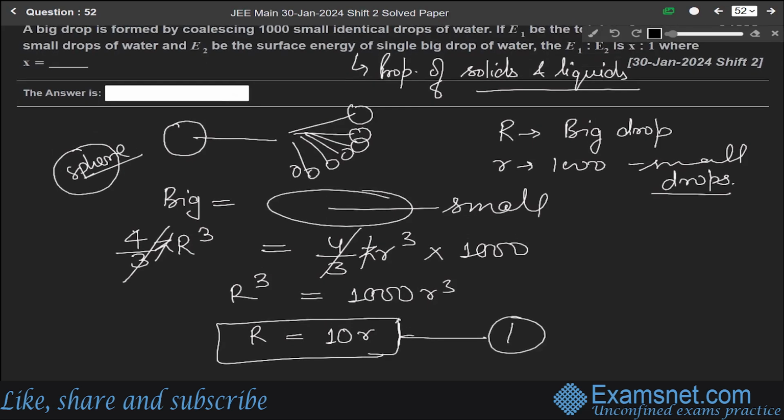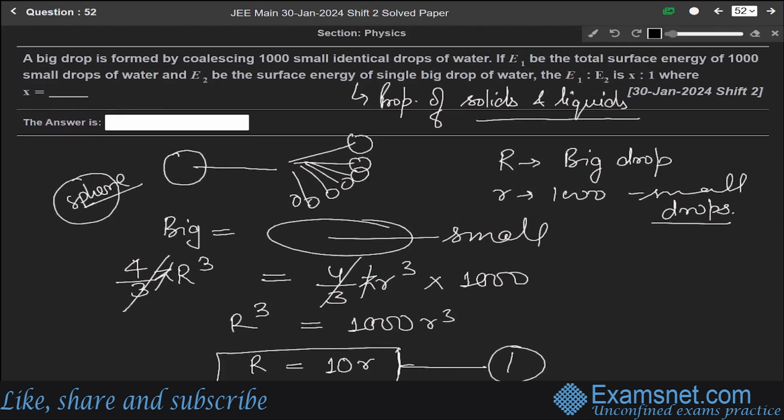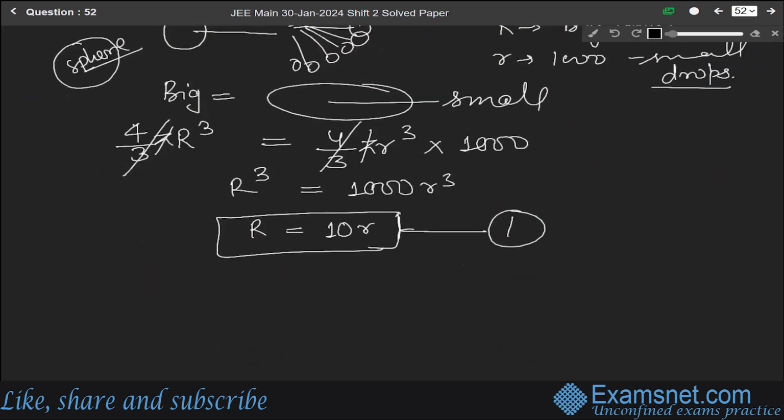Now we have to find the ratio of E1 and E2. Let us say E1 is the energy of 1,000 small drops, having a small radius r.